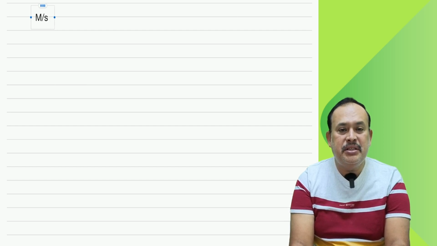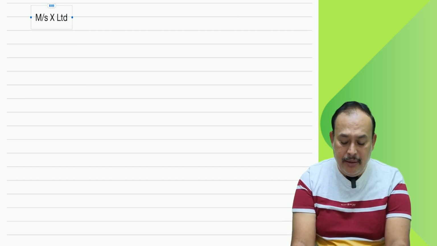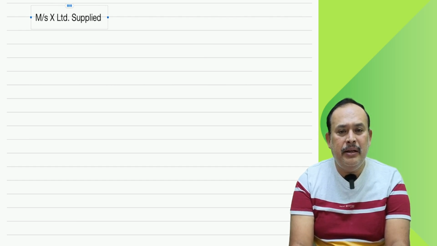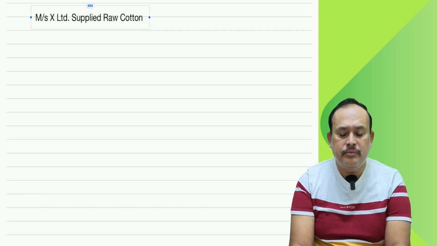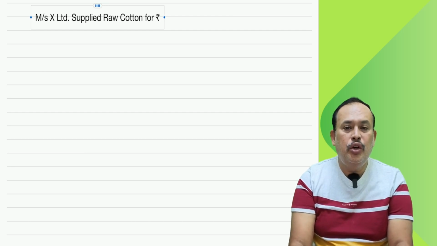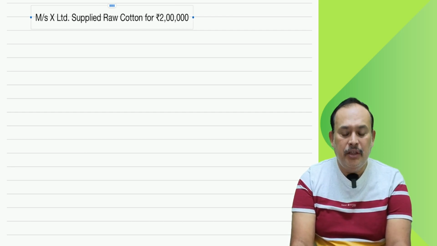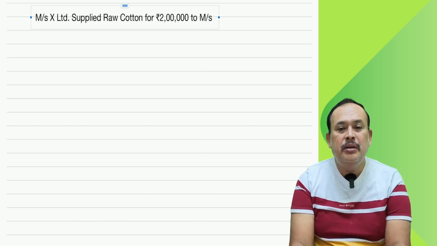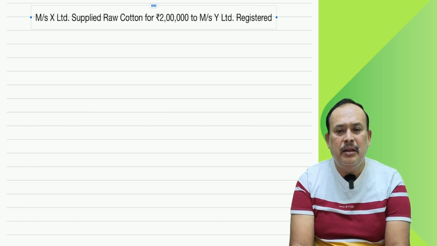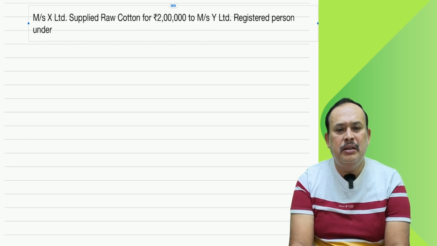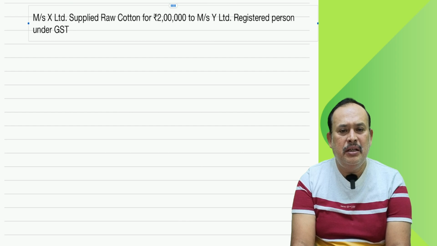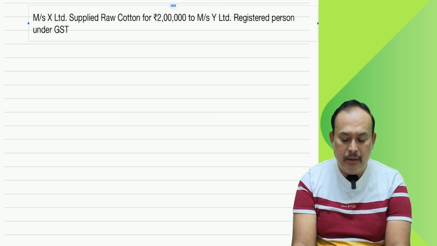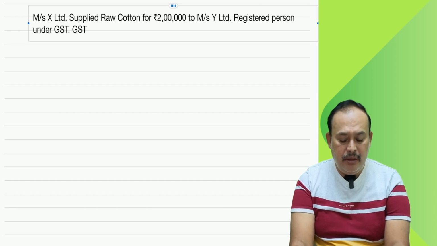Mrs. X Limited supplied raw cotton for rupees 2 lakh to Mrs. Y Limited, a registered person under GST, rate 5%.